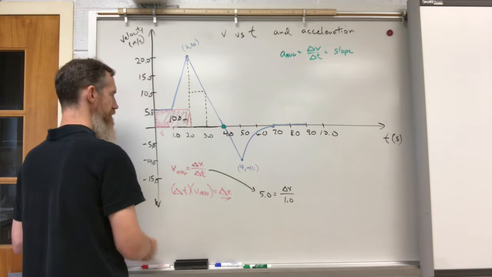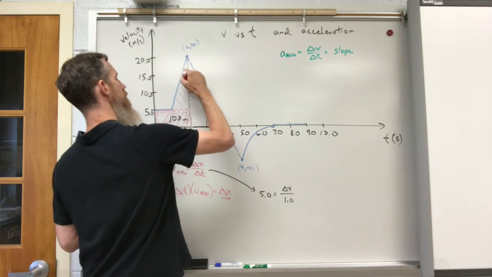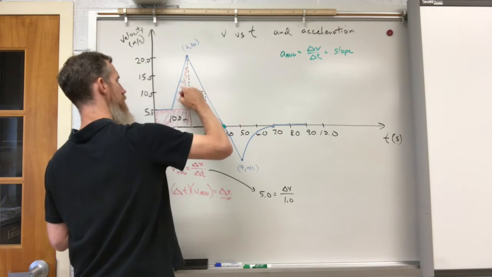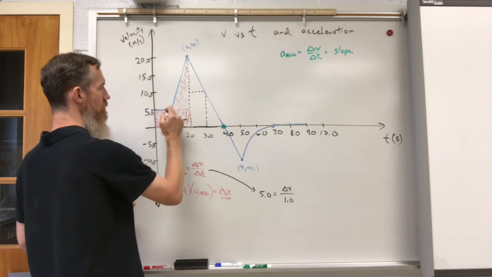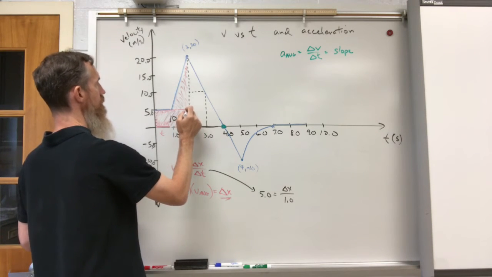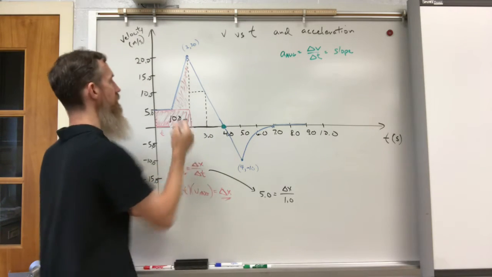Now, this area here is a triangle. And so that area is 1/2 base times height. So 1 times 15 times half is 7.5.